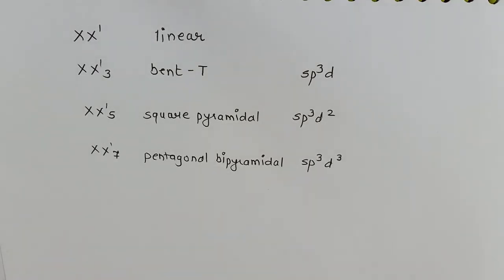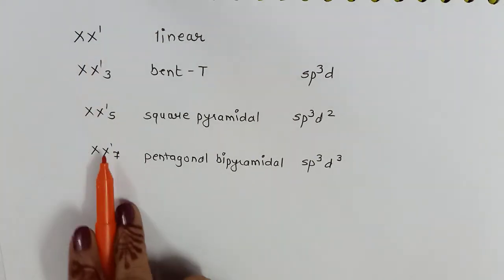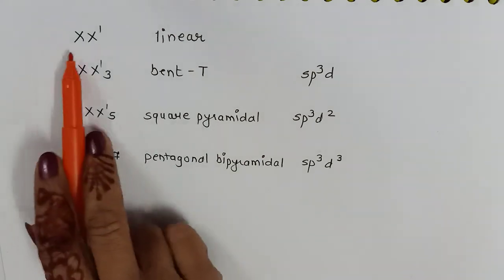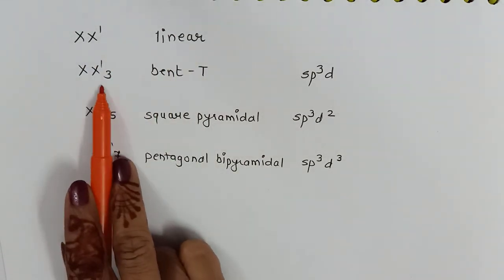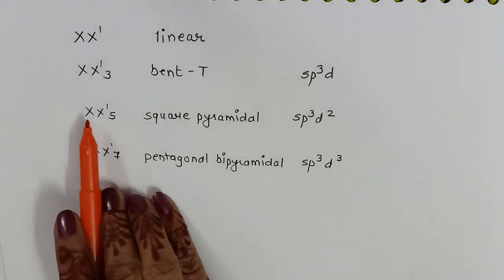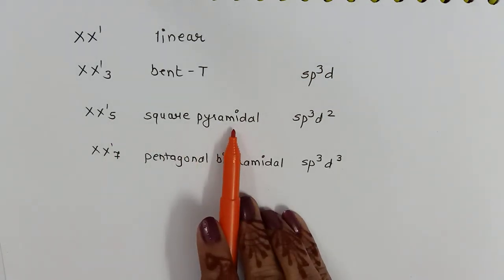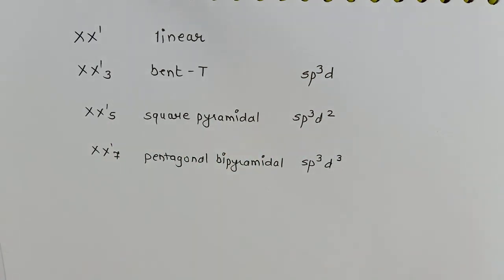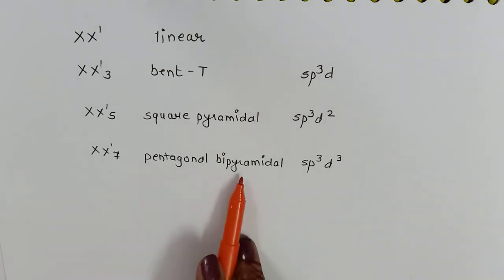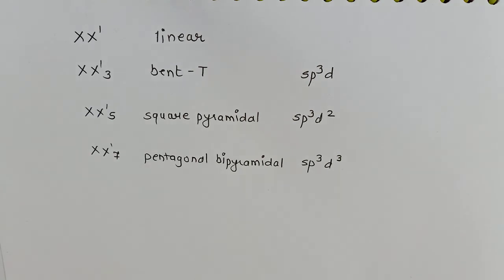So let us summarize the type of interhalogen, shape and their hybridization. XX' is linear, XX'3 is bent T-shape with sp3d hybridization, XX'5 is square pyramidal with sp3d2 hybridization, and XX'7 type of interhalogen will show pentagonal bipyramidal with sp3d3 hybridization.